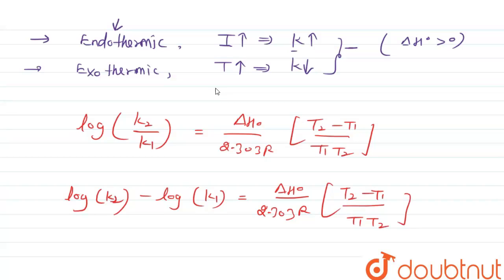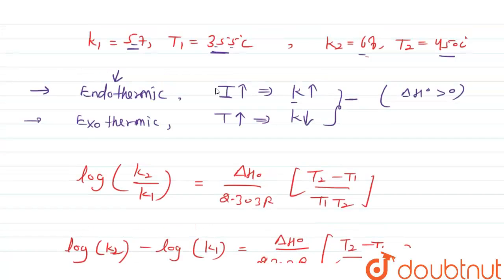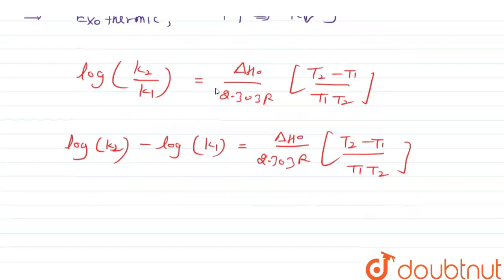Here K2 is 68 and K1 is 57, so this number is always positive. You can check.